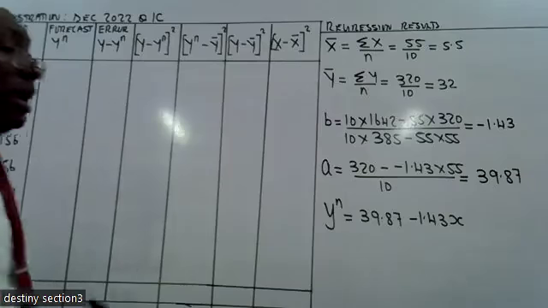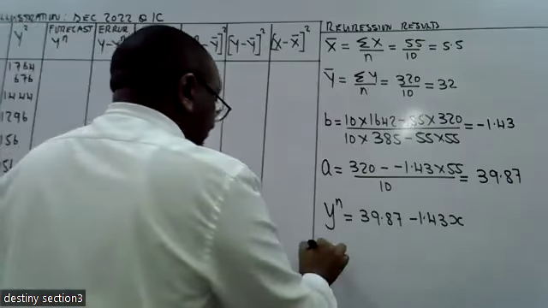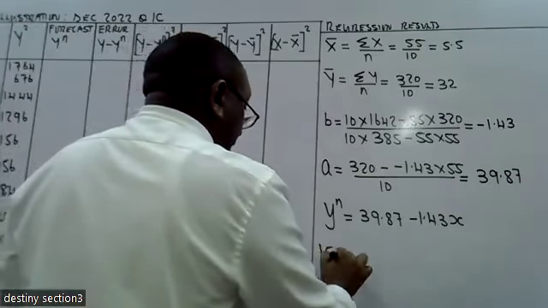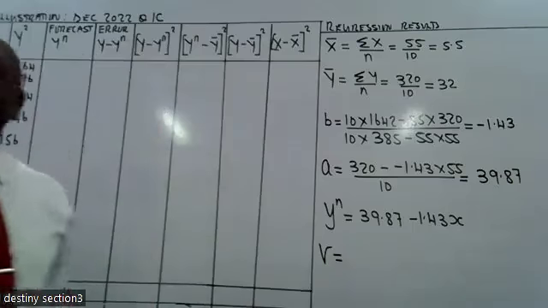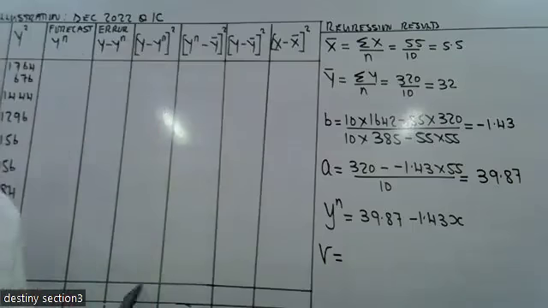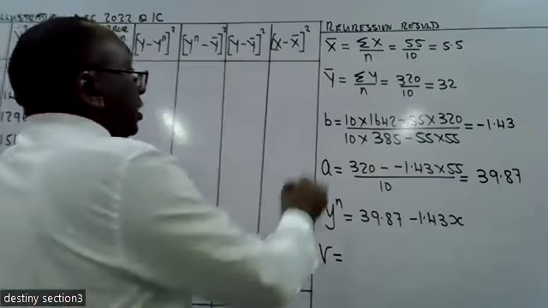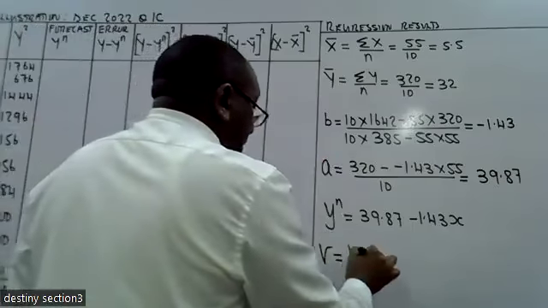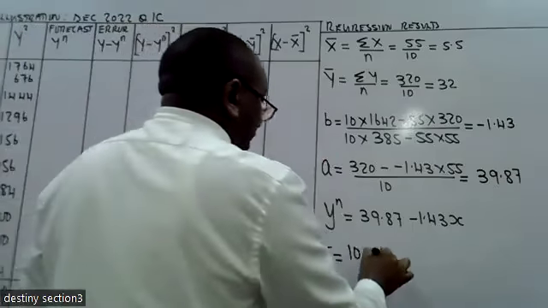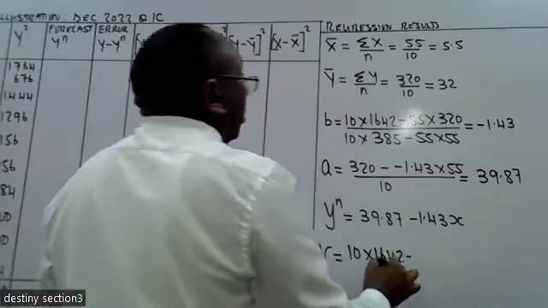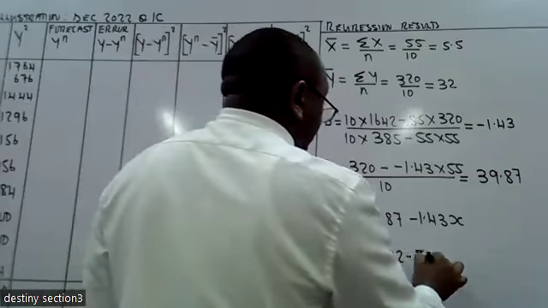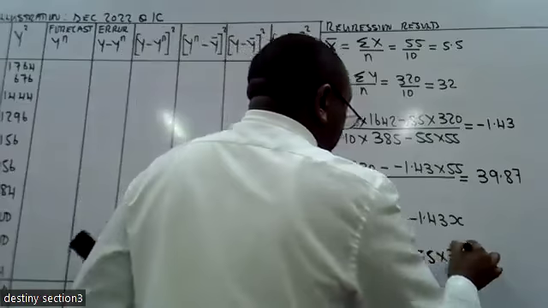Something else that you can get is R. We can compute this because we did not compute it in the other question. It is 10 times 1642 minus 55 times 320.